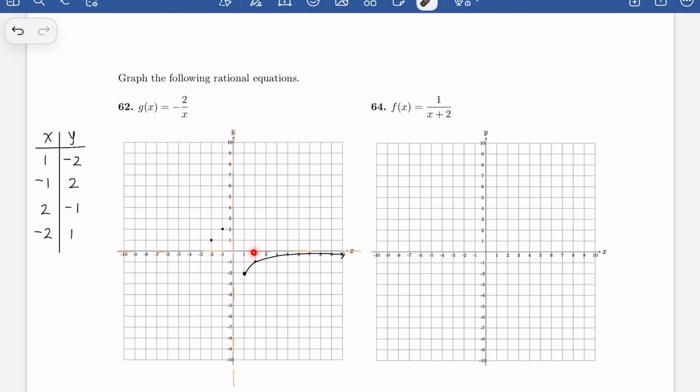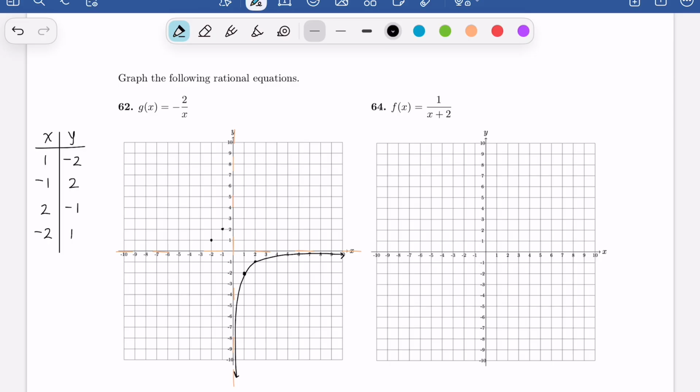On the other hand, if x is really, really small, then my y values are going to get bigger. So if I were to plug in really small values into this x, my outputs are going to get bigger and bigger in this negative direction here, because we have this negative out front. So my graph is going to behave like this. All of my outputs are going to get really big as I make my x value smaller and smaller, but it's not going to cross this vertical asymptote.